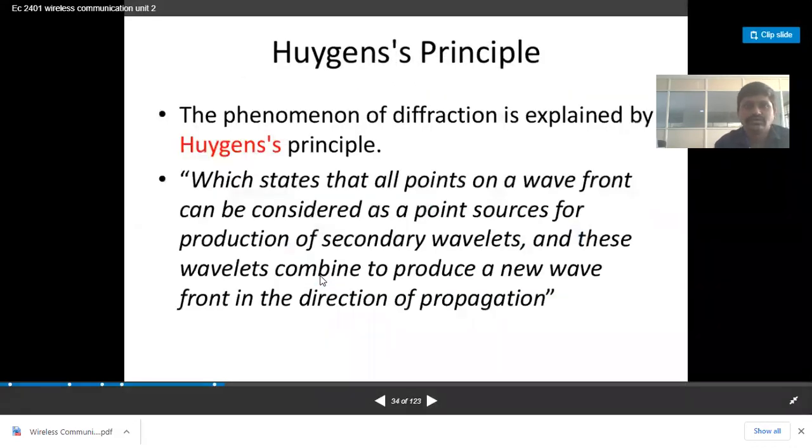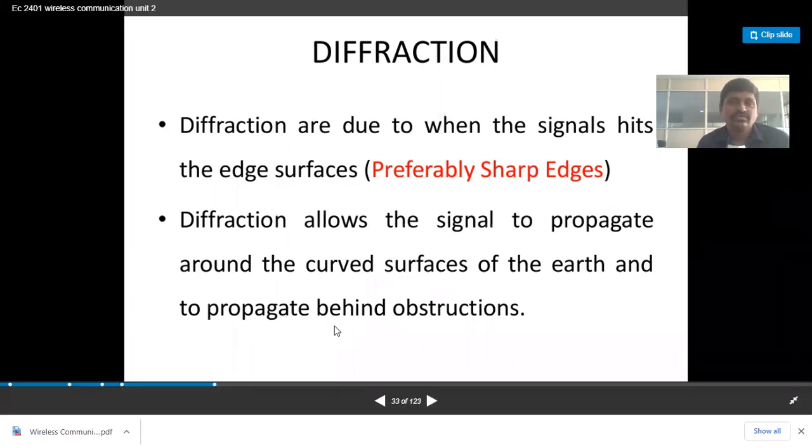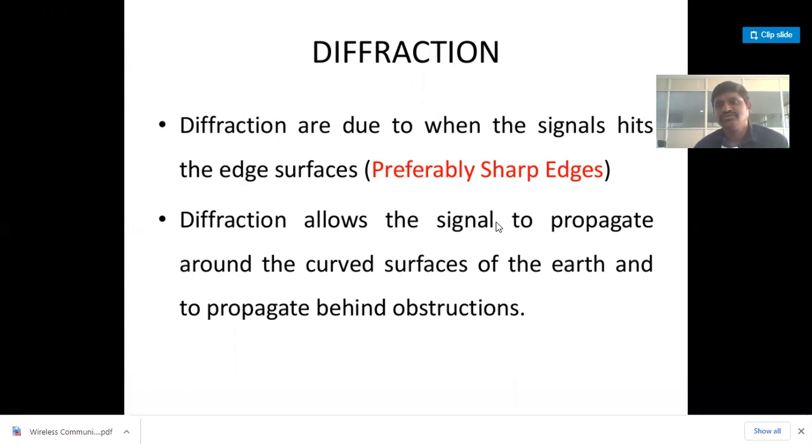Diffraction occurs whenever an obstacle is there between a transmitter and receiver. That obstructing element gives the signals a phenomenon known as diffraction. It is due to the signal hitting an edge, that edge surface.